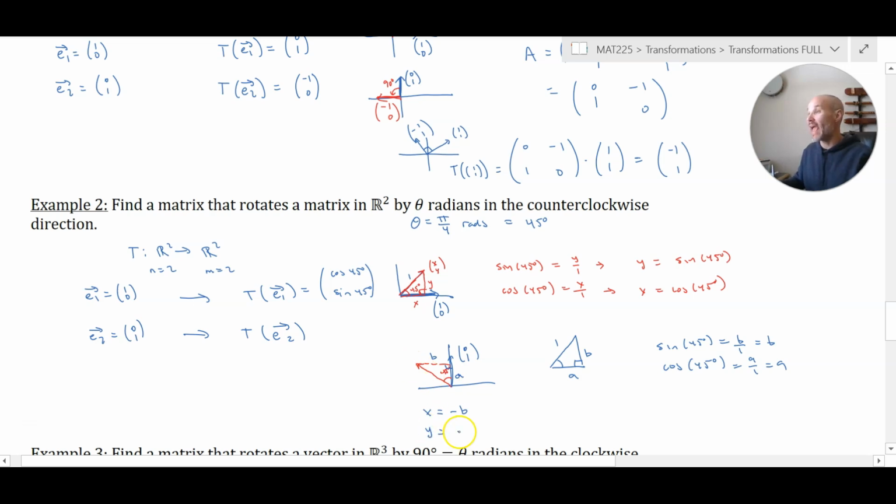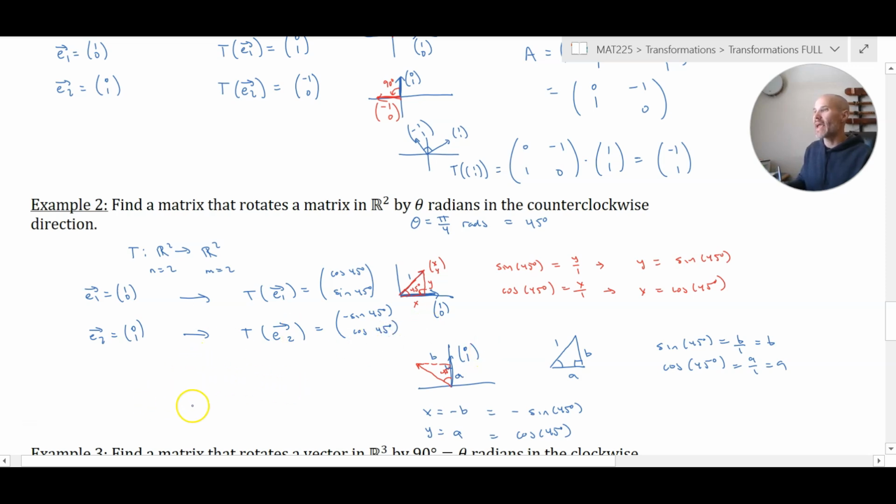And y is going to be a because it's going to be a positive number since it is above the x-axis. So if x is negative b, and b is sine of 45 degrees, it's going to be negative sine 45 degrees, and a will be a over 1, which is cosine of 45 degrees. And there we go. So now x is negative sine 45 degrees, and y is cosine of 45 degrees.